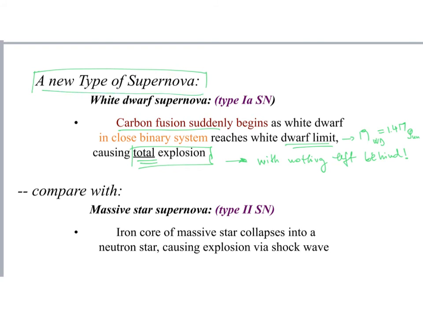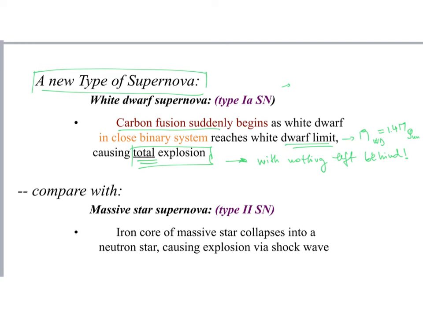Okay, so that kind of supernova is very, very luminous, especially by comparison with the nova, at least 10 times, if not more, more luminous than a nova.